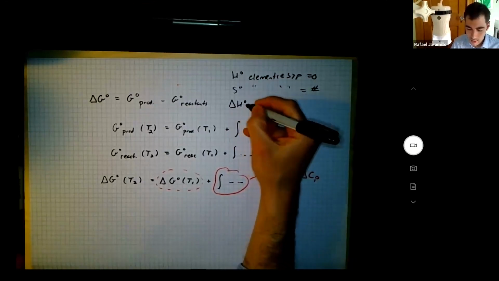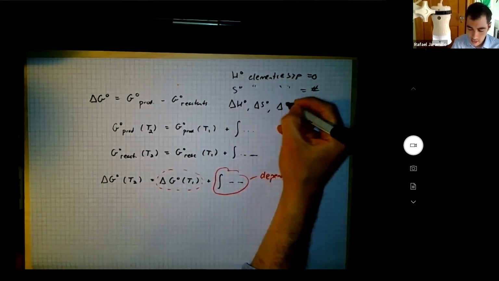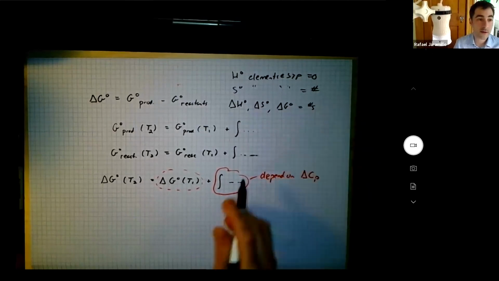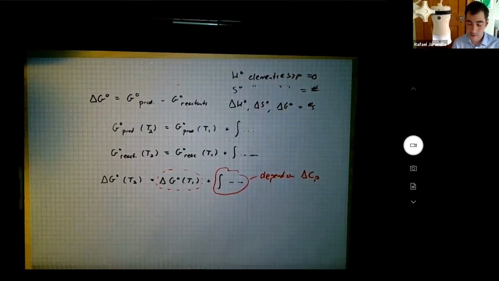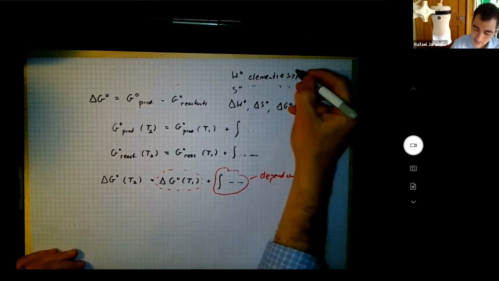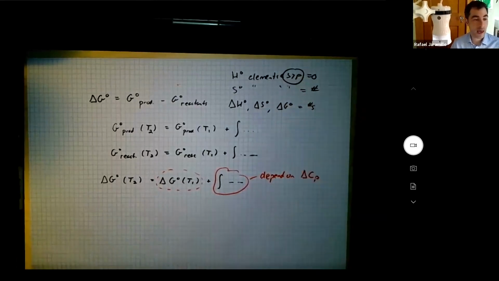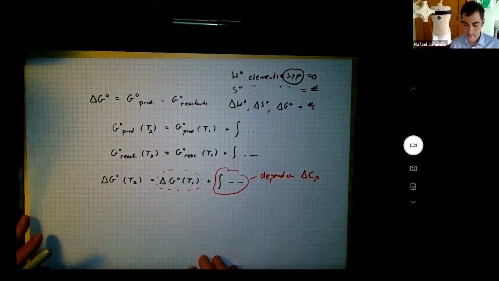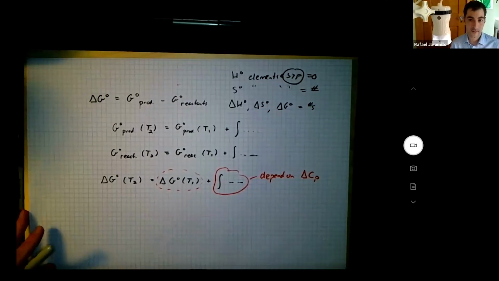Delta H naught, delta S naught, delta G naught for compounds are numbers often found in the back of the Hoff for common reactions. That's right. And so if you're at standard temperature and pressure, you normally have everything you need, even in Wikipedia, for standard reactions. We're analyzing ammonia in this, so it's very common substances, easy to find the data. Thank you for that.